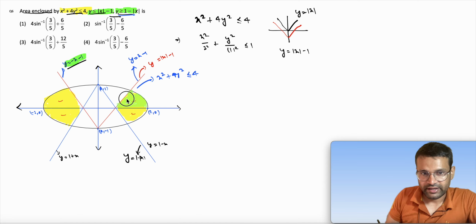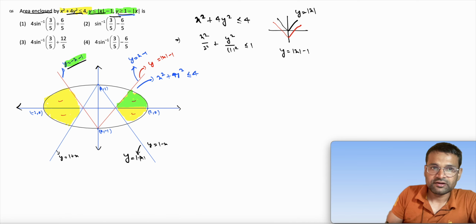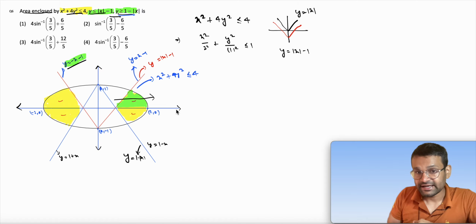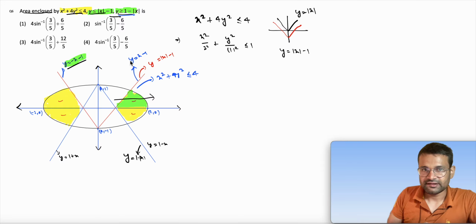Okay, and how do we find the area of the green part? That was very simple. We find the area of this part by integrating with respect to y, not x, subtracting this curve from this one, and integrating from y = 0 to whatever is this point.